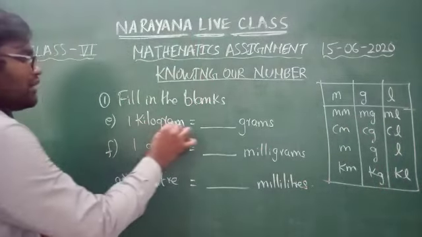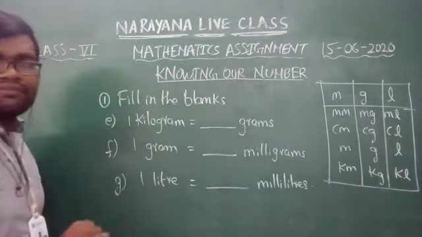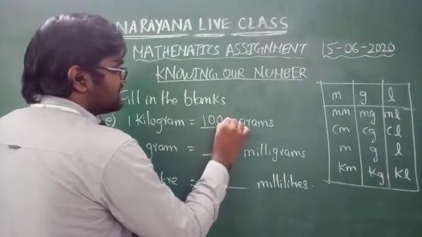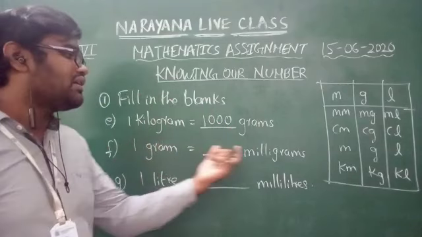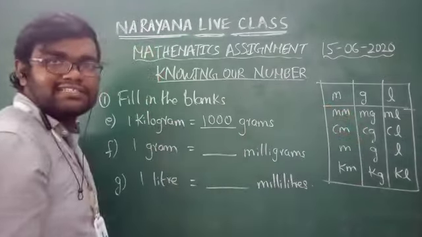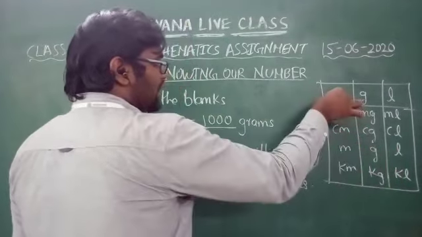Okay. 1 kilogram is equal to dash grams. 1 kilometer is equal to 1000 meters, we have seen. Similarly, 1 kilogram is equal to 1000 grams. 1 gram is equal to how many milligrams? 1 meter is equal to 1000 millimeters.